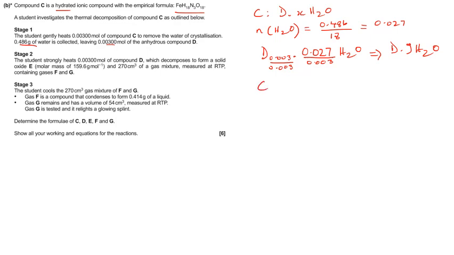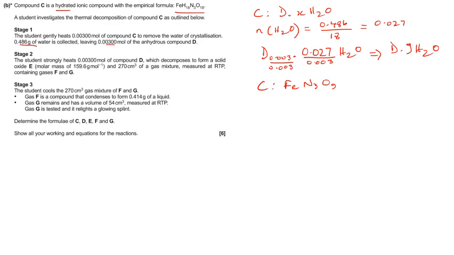So C then becomes, still got an iron in there. All 18 hydrogens are in the water of crystallization, but none of the nitrogens are. So we've still got 3 nitrogens in C, and we've still got 9 of the oxygen atoms.